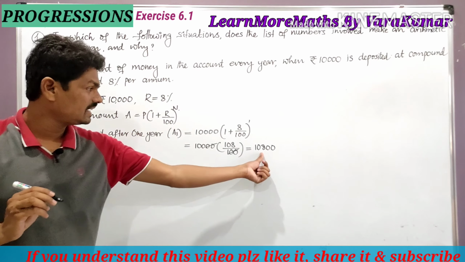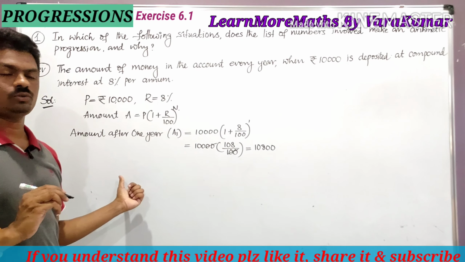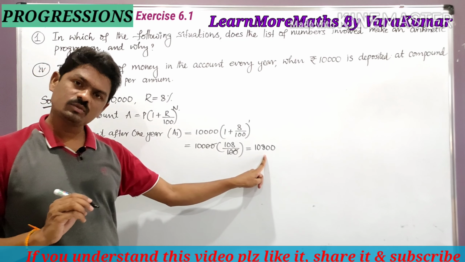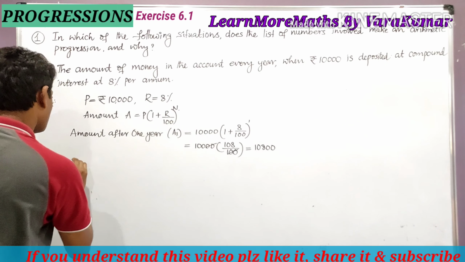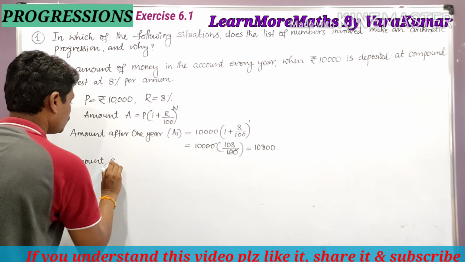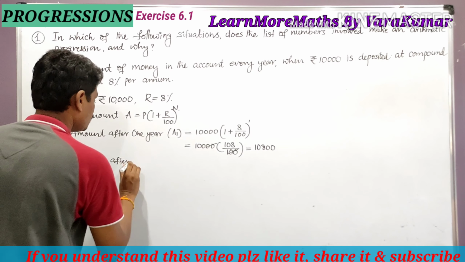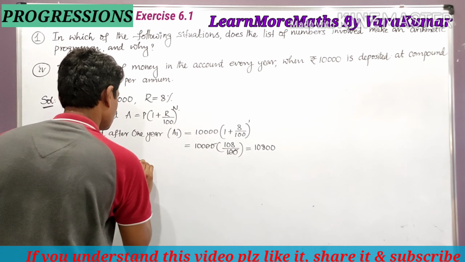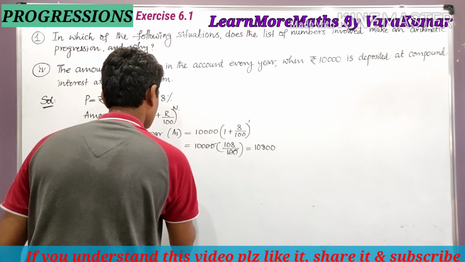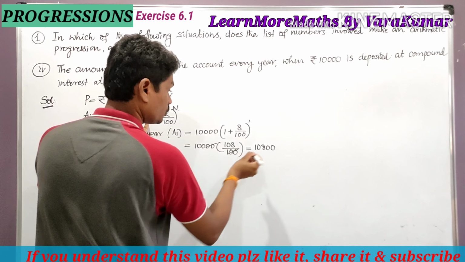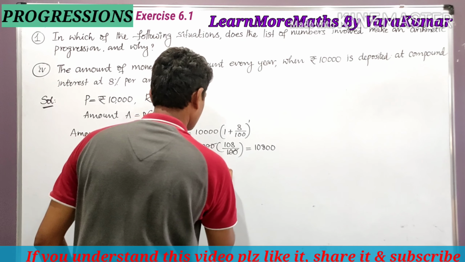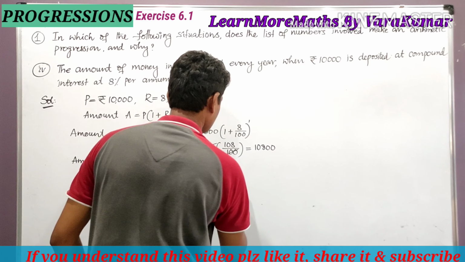For the second year, this becomes the principal, student, that you have to remember in compound interest. So this becomes the principal for the second year. Amount after 2 years, let it be A2, student, again P into 1 plus r by 100.